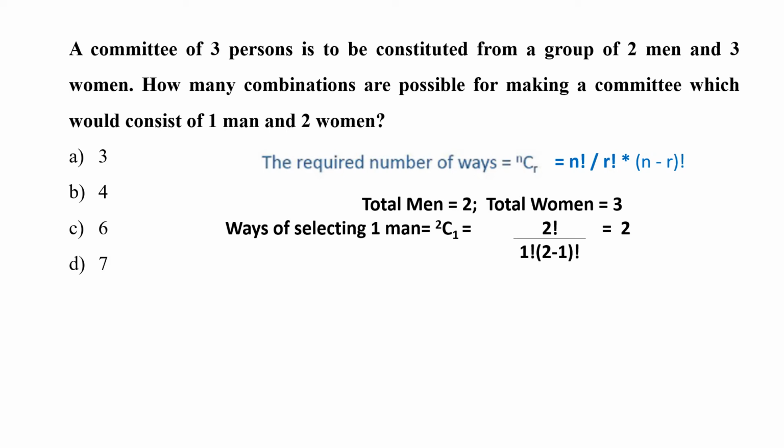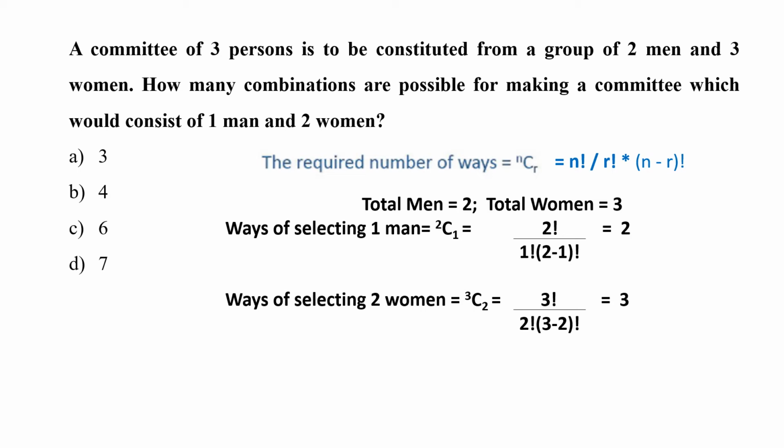Now, the ways of selecting 1 man out of 2 would be 2C1. So let's calculate it. 2 factorial upon 1 factorial into 2 minus 1 factorial is going to give us a value of 2. Now, ways of selecting 2 women would be 3C2. Total is 3, and we have to select 2. So from here we have this formula, 3 factorial upon 2 factorial into 3 minus 2 factorial.